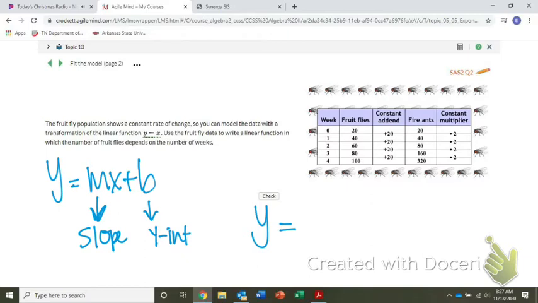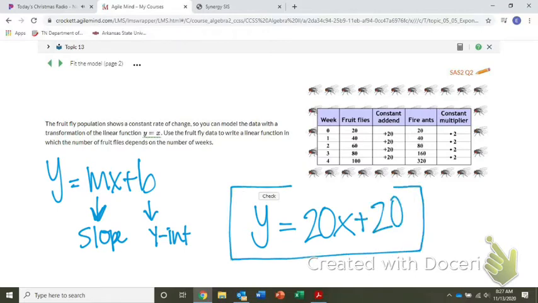All right, so to write this equation, y equals, what's my slope, my rate of change, my constant addition? 20. So 20x plus my y-intercept. In other words, what did I start with? I also started with 20. So that will be my linear function to describe the left side of this data.